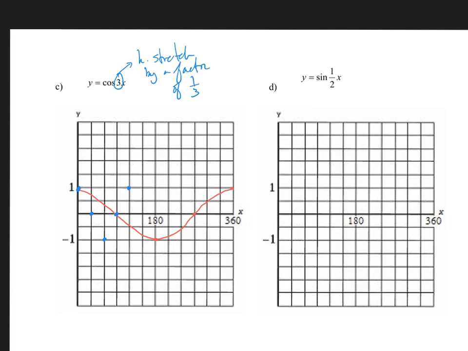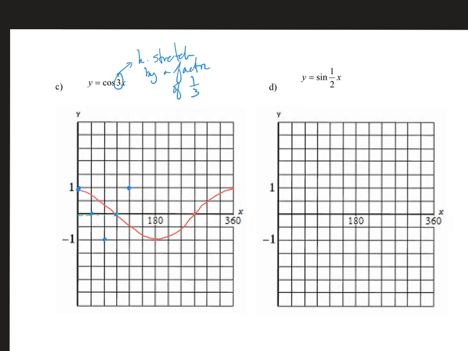Now, some people will also focus in on the grid lines for that, and they can also examine that this value that was a 0 occurred on 3 grid lines, which means if I take a stretch of 1/3, it would only occur on 1 grid line. This minimum that used to take 1, 2, 3, 4, 5, 6 grid lines to occur, while 1/3 of 6 is 2, would now occur on 2 grid lines.